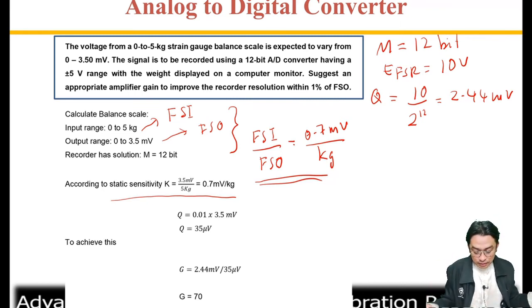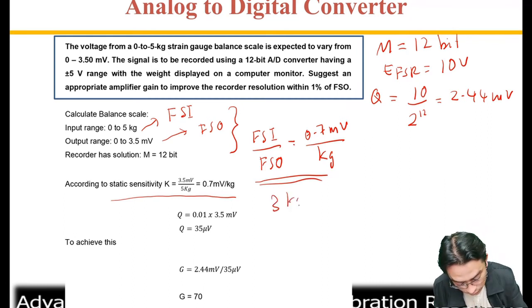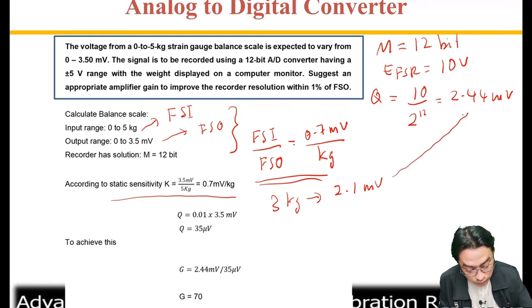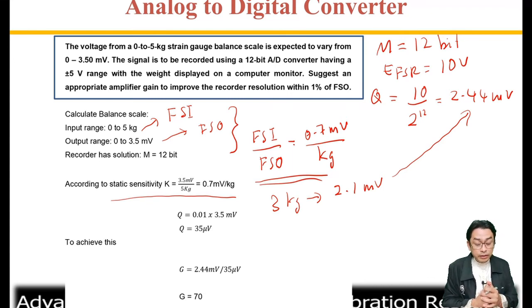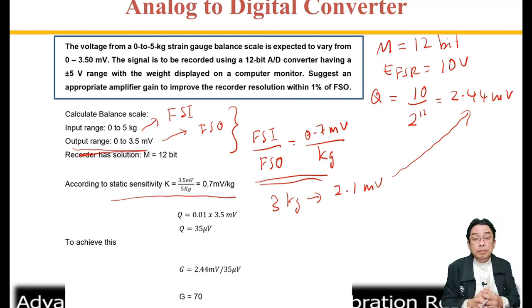So I think for this case, 3 kilogram is the minimum that we can measure, because 3 kilogram will give 2.1 millivolt. So for 3 kilogram, it can be measured by the system. So in order for us to measure 3 kilogram and below, we must include the gain, the amplification.